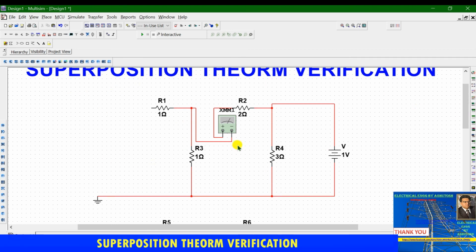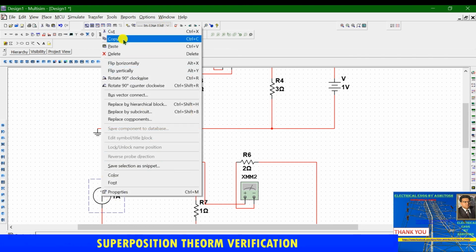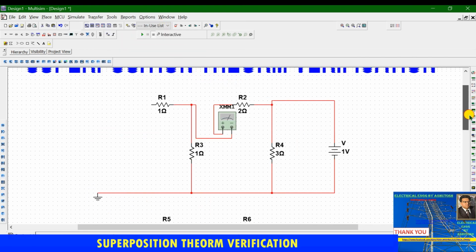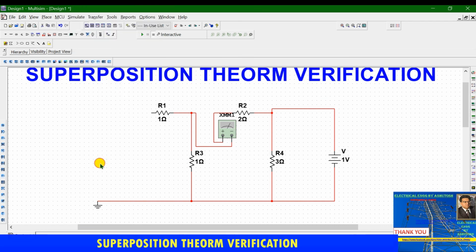Now again we are joining. I am copying this current source and pasting it here, and just joining this resistance from here to here. Now I have connected an ammeter here.